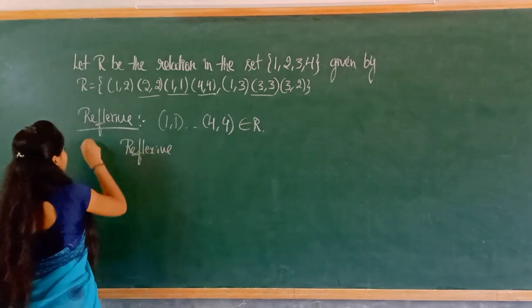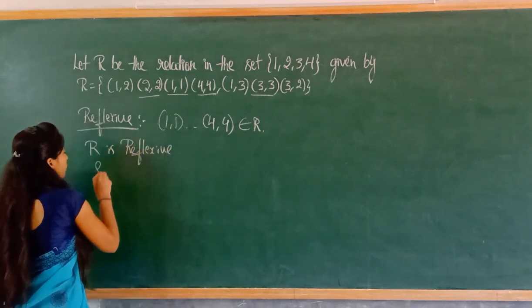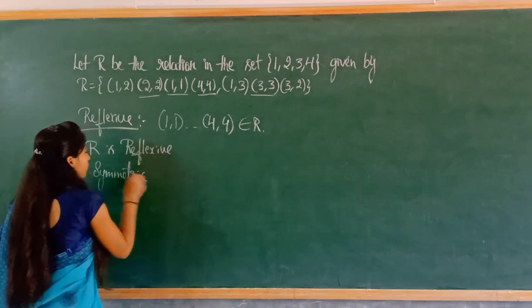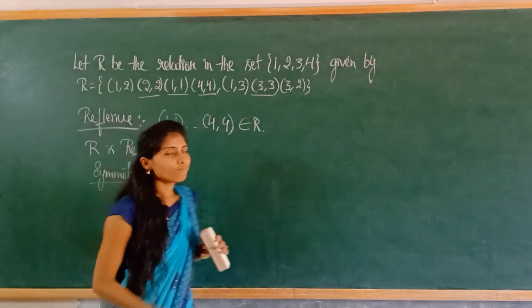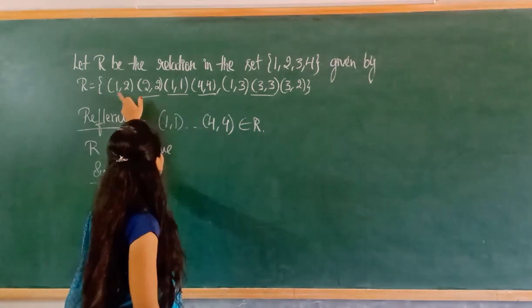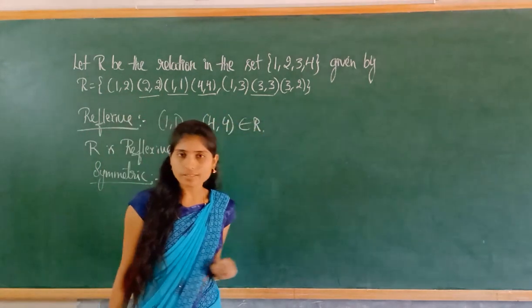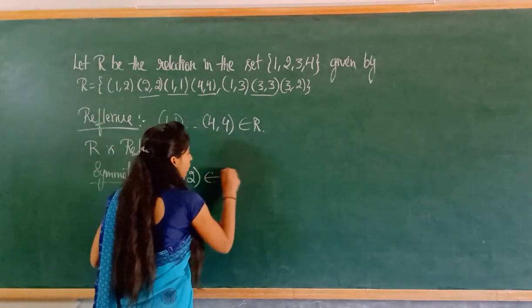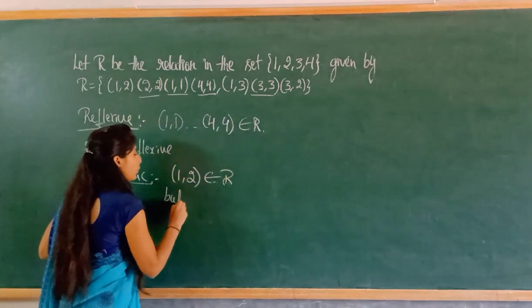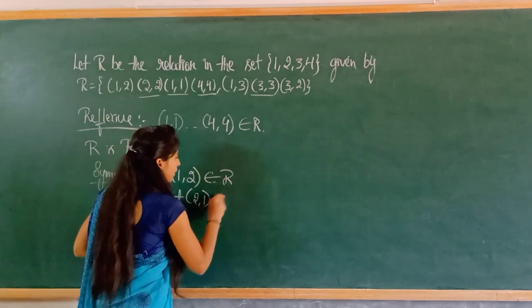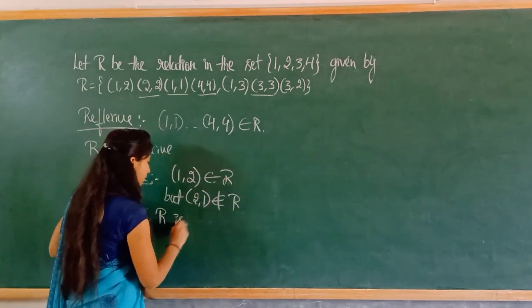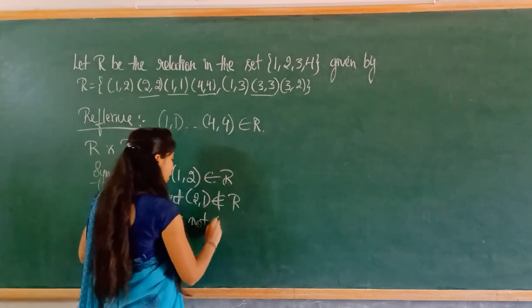R is reflexive. Next is symmetric. For symmetric, condition (1,2) is there, but (2,1) is not in this relation. So (1,2) belongs to R, but (2,1) does not belong to R. Therefore, R is not symmetric here.